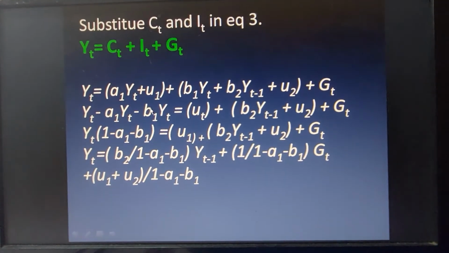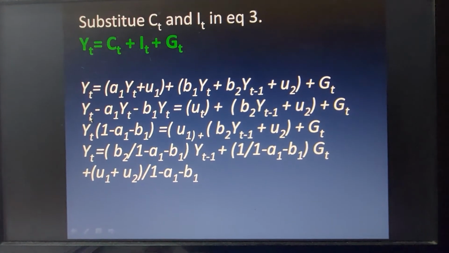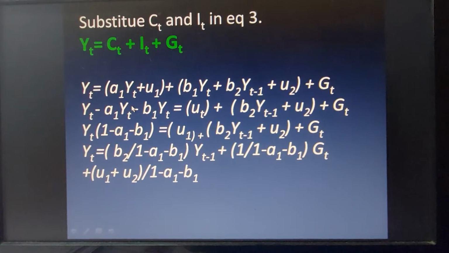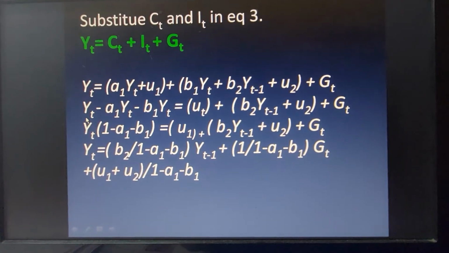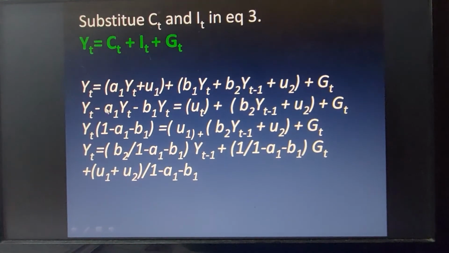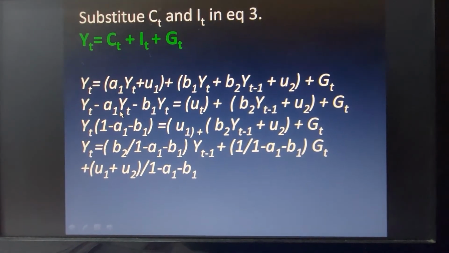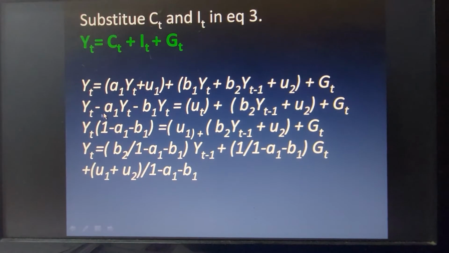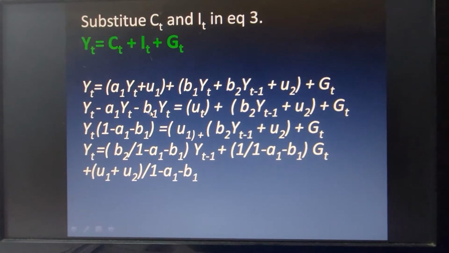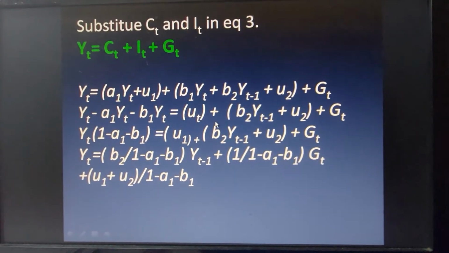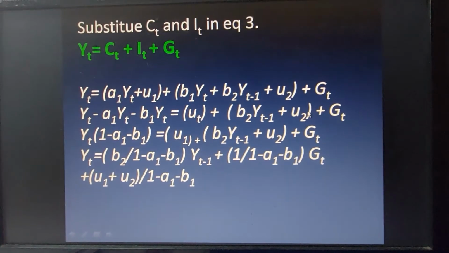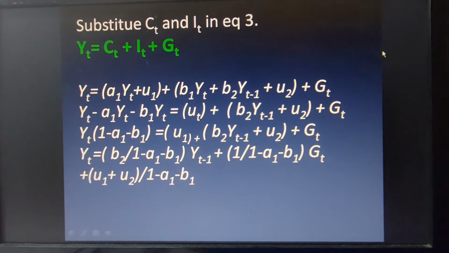Now solve this equation like this, that we perform some mathematical transformations. We take all the Yt terms together towards the left hand side. Yt minus a1 Yt minus b1 Yt is equal to mu1 plus b2 Yt minus 1 plus mu2 plus Gt.